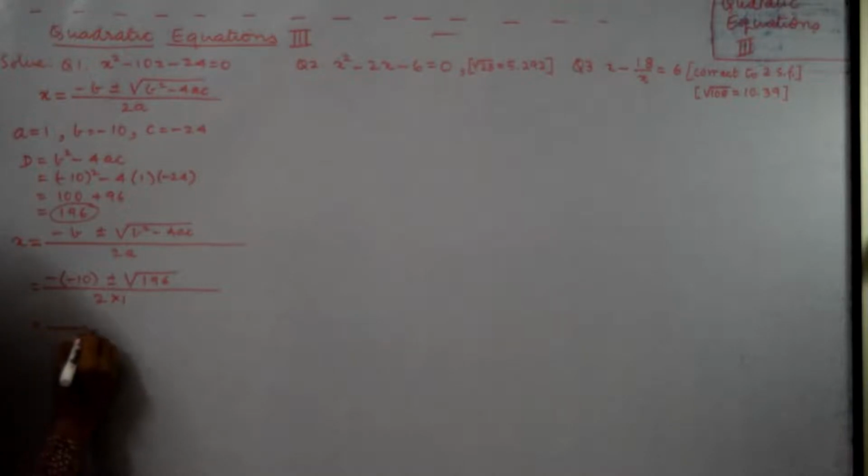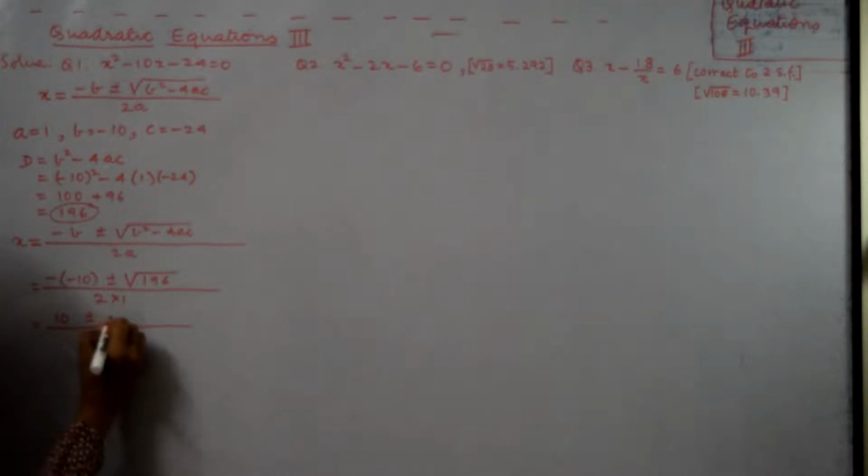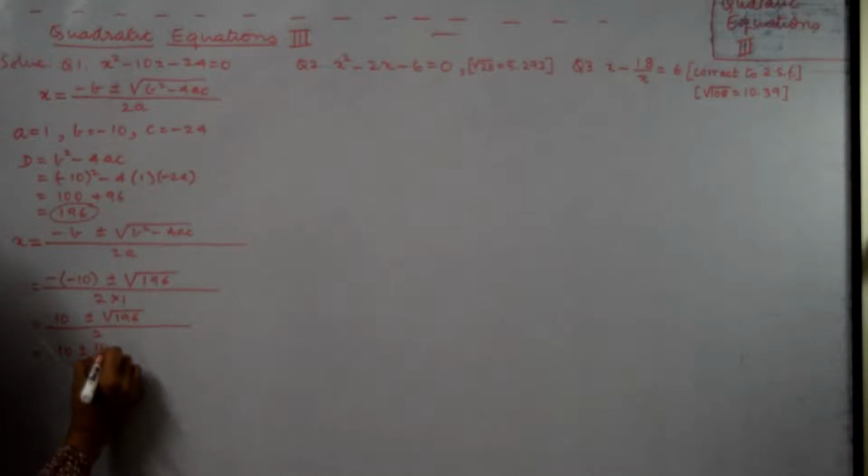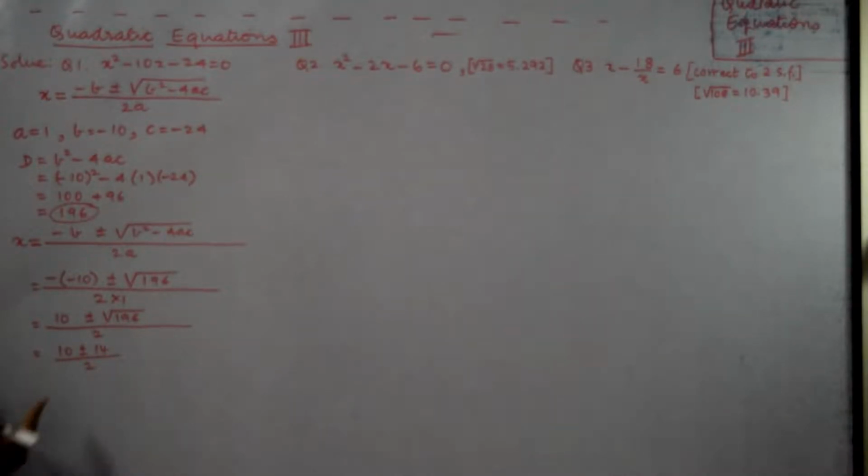And then in our next step we will get here 10 plus or minus under root 196 upon 2. That gives us 10 plus or minus, root of 196 is 14, and so you will get plus or minus 14 upon 2.